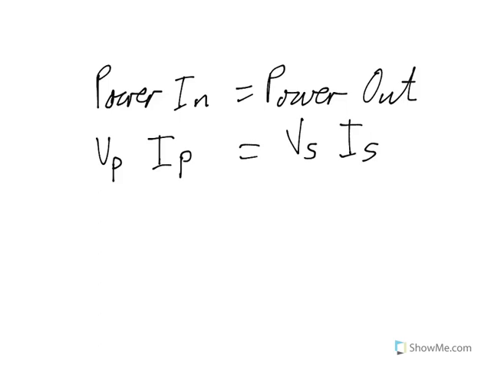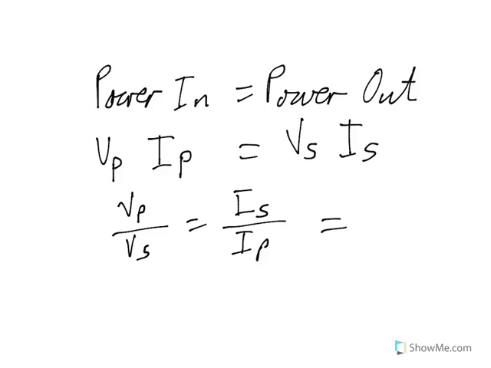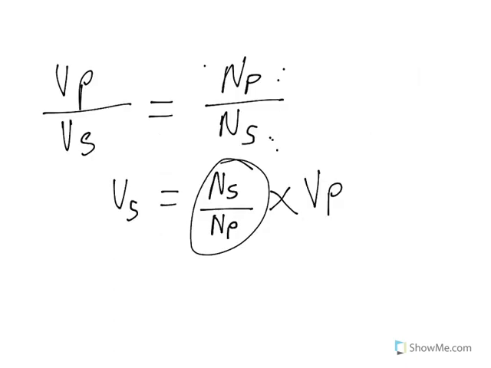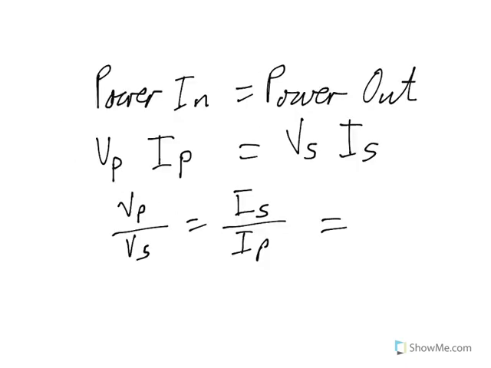And so if we rearrange that so that we get voltage of the primary over the voltage of the secondary, then that's the current in the secondary over the current in the primary. Alright, and of course if we add this to it, then that's the number of turns in the primary over the number of turns in the secondary. So we can then change things as we wish.